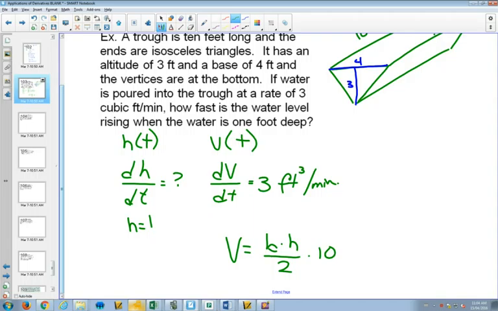In fact, we're trying to find out how fast it's rising when the water level is right there at 1 foot high. So the length of 10 will always stay the same, but the base and the height are going to be changing.